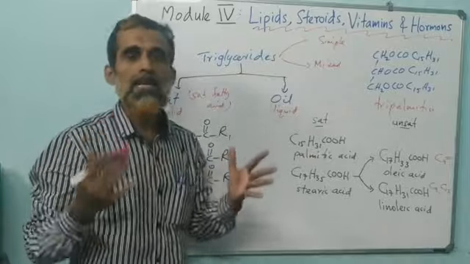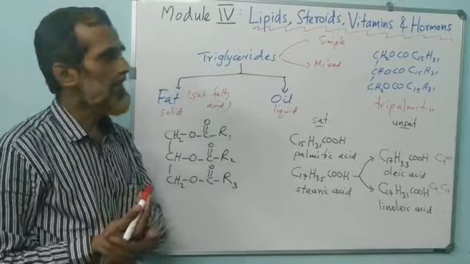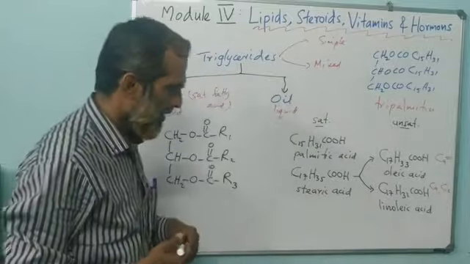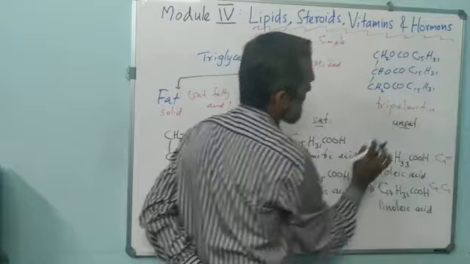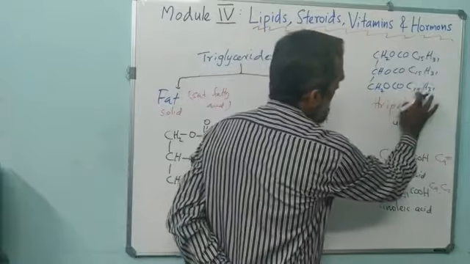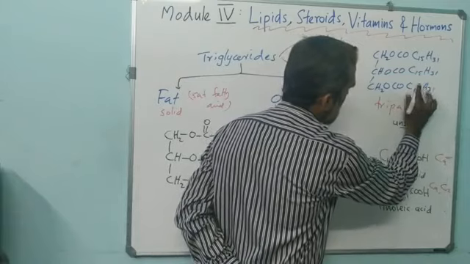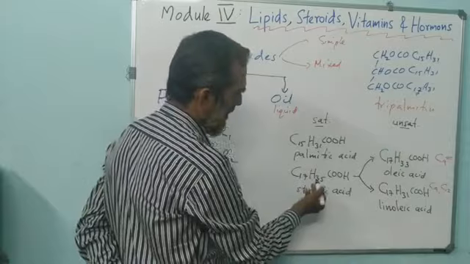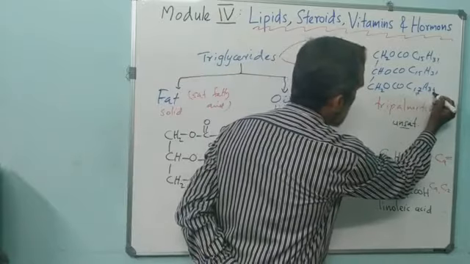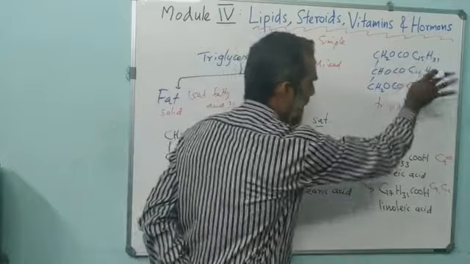So this is a simple triglyceride. Whereas generally it is found that these are different. That means it's mixed. For example, if I change it here, suppose this is C17H35. That means the stearic acid part is this, and this is palmitic acid.